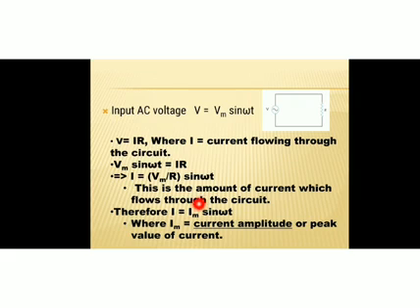So how will you express the AC voltage? It's Vm sin omega t. And what is the expression for AC current in a purely resistive circuit? It is Im sin omega t, where Im is equal to Vm by R. Vm means the peak value of voltage, and R is the resistance of the resistor connected in the circuit.